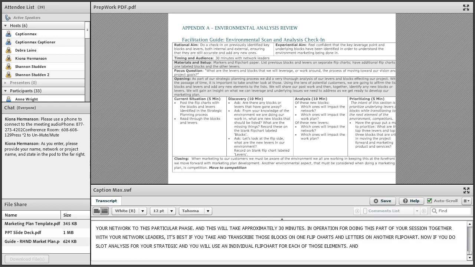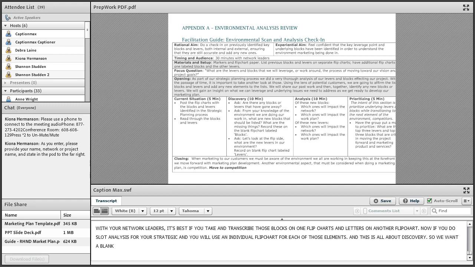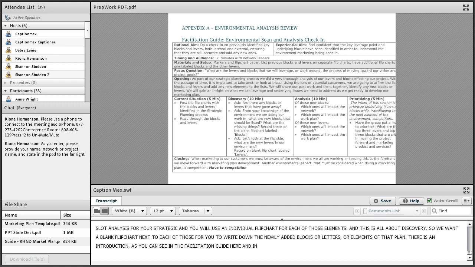Now, if you did a SWOT analysis instead of blocks and levers for your strategic plan, you would use an individual flip chart for each of those elements. And this is all about discovery. So we want a blank flip chart next to each of those for you to write down the newly added blocks or levers or elements of that SWOT plan.